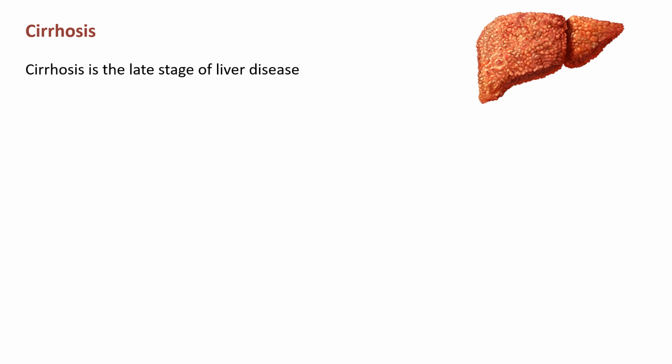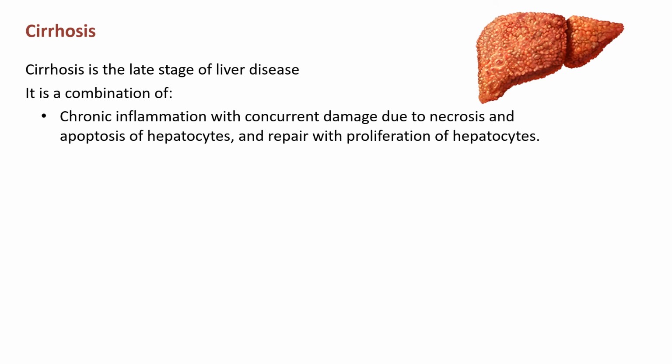So the progression on from fibrosis could be cirrhosis. It's the late stage of liver disease. It's a combination of chronic inflammation with its usual concurrent damage due to necrosis and apoptosis of hepatocytes, plus repair and the proliferation of hepatocytes.